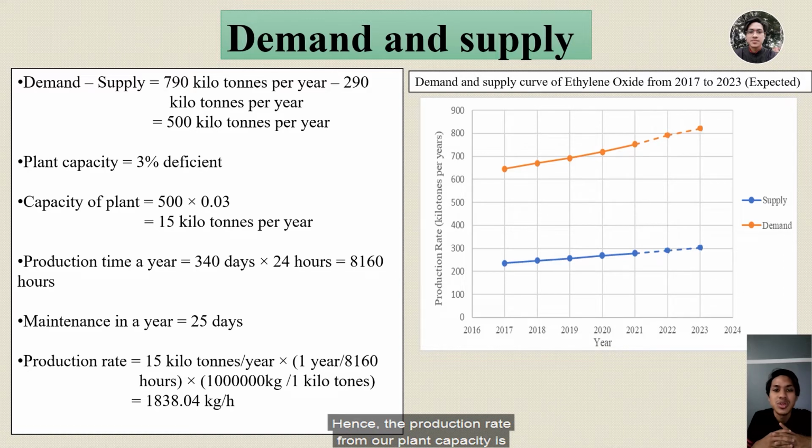Hence, the production rate of our plant capacity is 1,838.04 kg per hour for 8,160 hours with 25 days of maintenance. The trend of the demand and supply curve is estimated to increase gradually from the year 2017 to 2023.